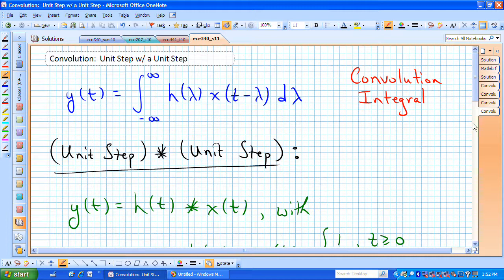In particular, h is going to be a unit step, and the input x is going to be a unit step also. What we want to do is find the output when our system has an impulse response that's a unit step and we apply a unit step to that system.